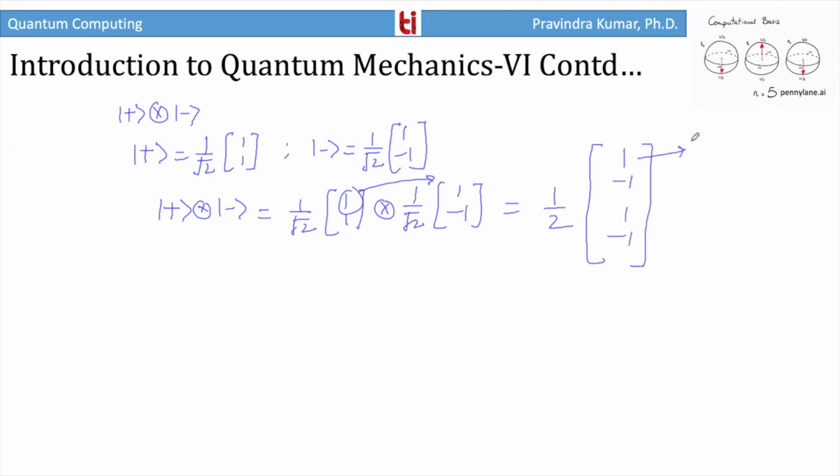This is for the quantum basis |00⟩, this one is for the quantum basis |01⟩, for the quantum basis |10⟩, and for the quantum basis |11⟩.